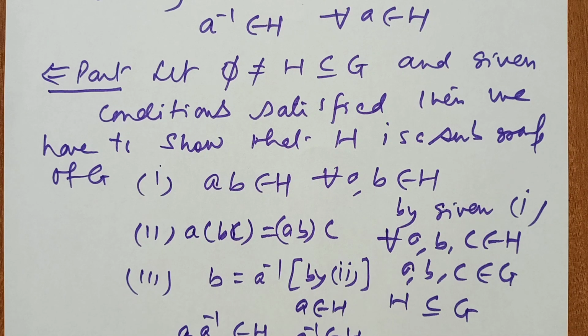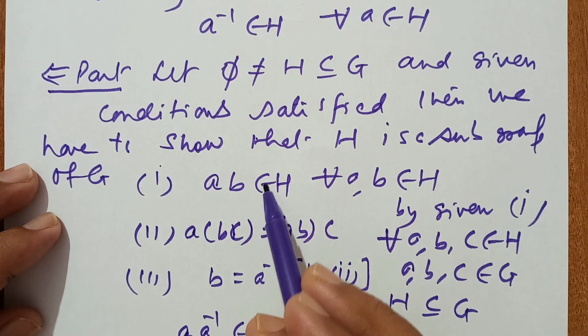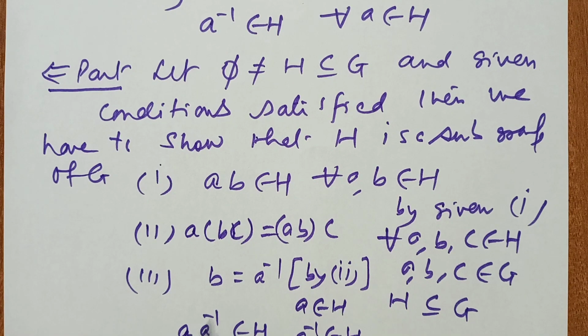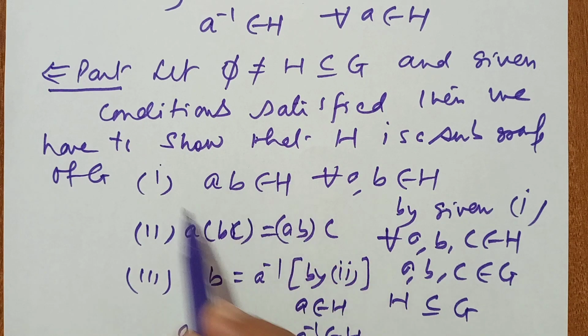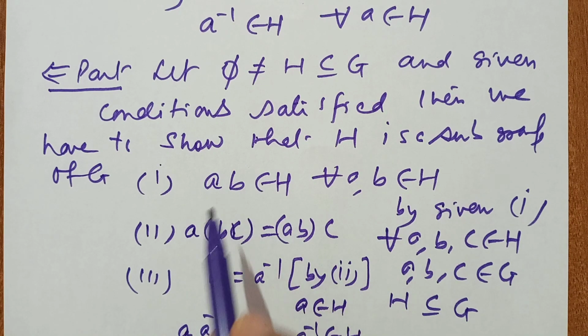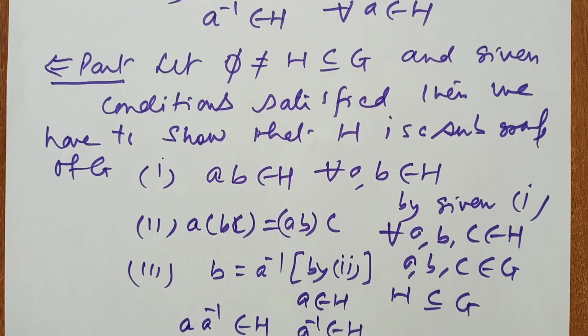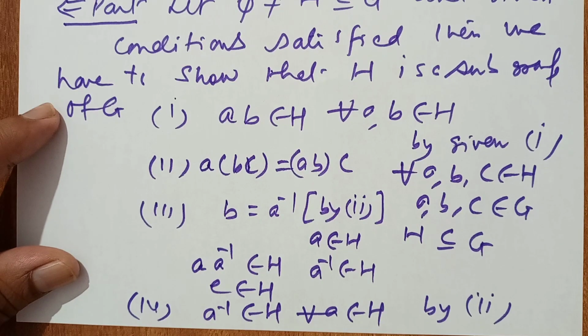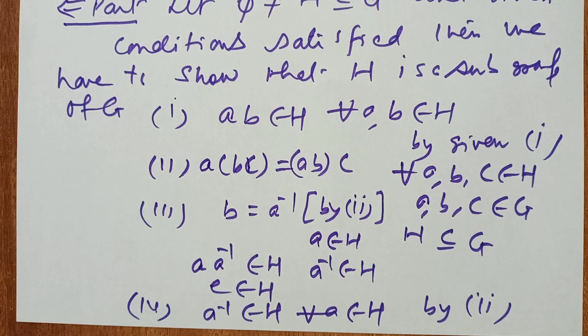Now for the identity element, we will use the given two conditions. By the second condition, for every A belonging to H, A inverse belongs to H. Putting in the given condition first, B equal to A inverse, so A A inverse equal to E belongs to H. The identity axiom is satisfied. Therefore, the converse part is satisfied and it is proved.